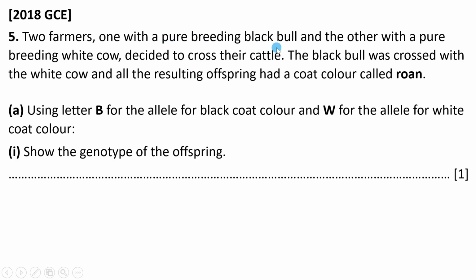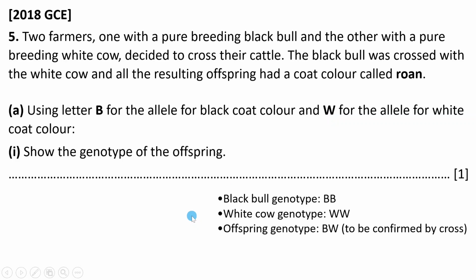Since it is a pure breed, it has homozygous black, and this one, since it is a pure breed and it is white, is homozygous white. So if these are the alleles, this one will have BB and this one will have WW. Okay, that's what it means.